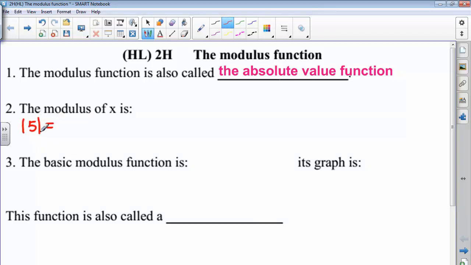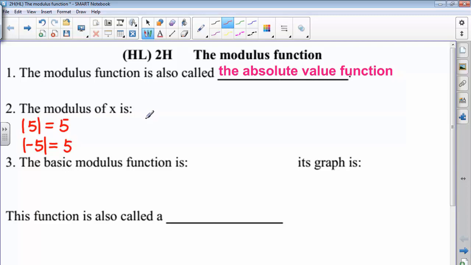We know these two slashes always make any number positive. So the absolute value of 5 is 5. The modulus of negative 5, or the absolute value of negative 5, is still 5.